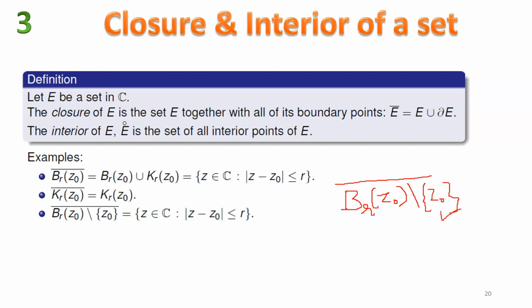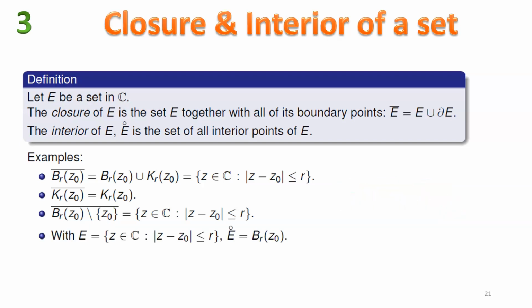So this is equal to Z belonging to the set of complex numbers such that mod of Z minus Z0 is less than or equal to R. So the center which we had excluded, we have again considered back by taking the closure.